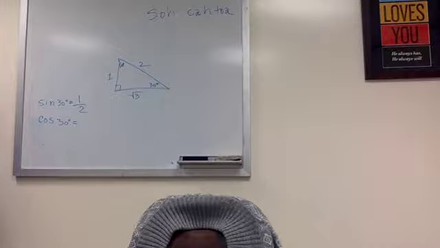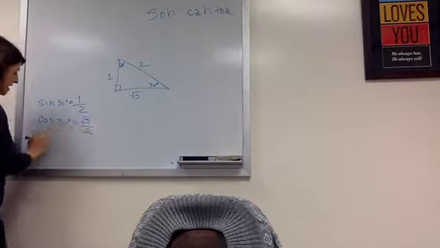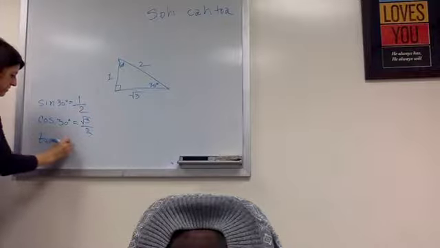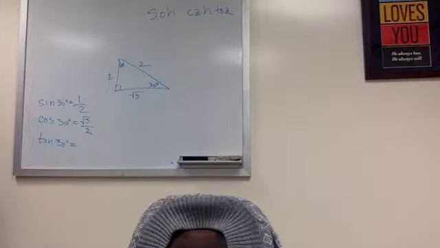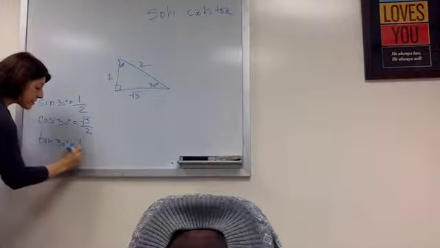Cosine is adjacent over hypotenuse, so the square root of 3 over 2. And the tangent of 30 degrees, Esther, is equal to what? 1 over the square root of 3.